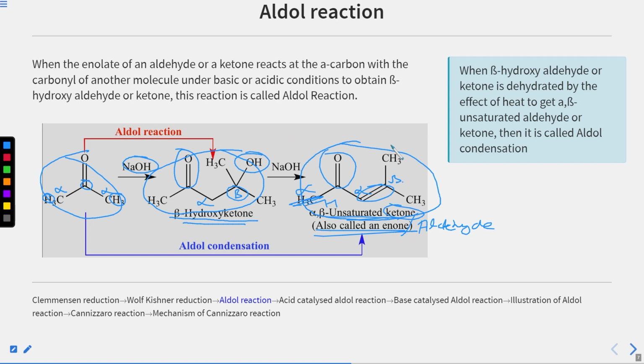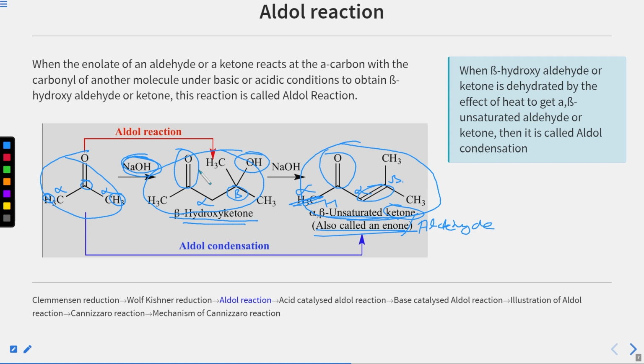Now this is the overall reaction. Two things are to be kept in mind here. First of all, the carbonyl center on which you are doing this aldol reaction must contain an alpha hydrogen. First requirement. And second requirement, this base should not be concentrated, or that would result in another reaction.